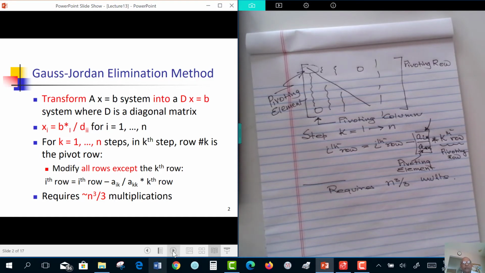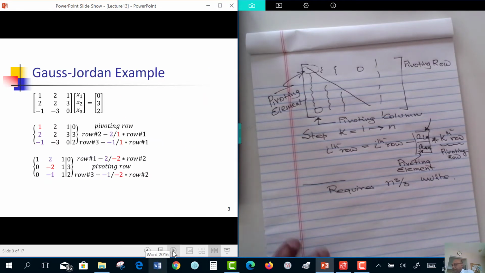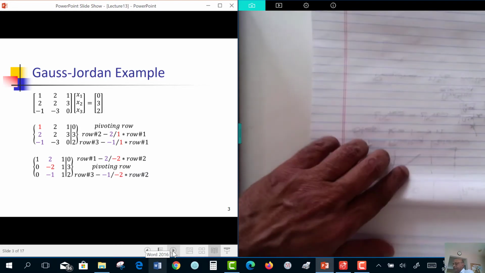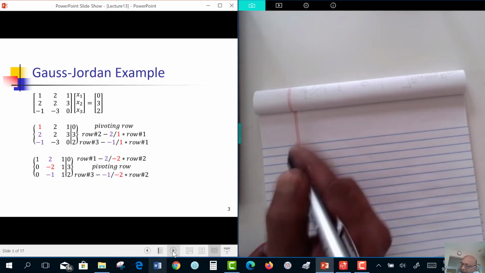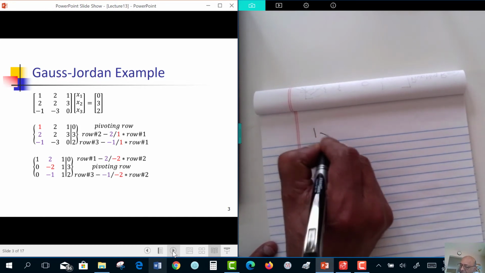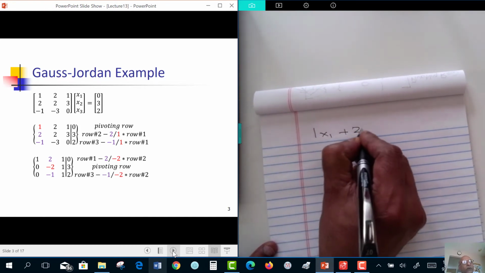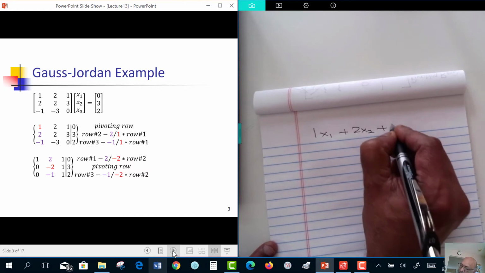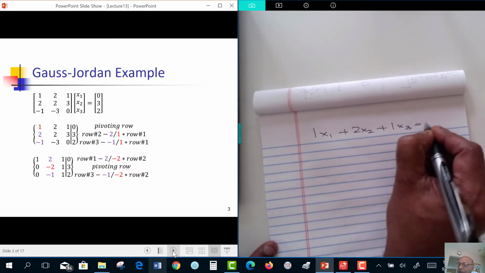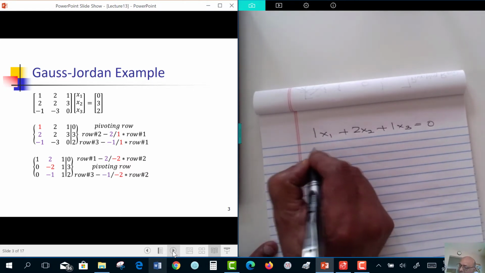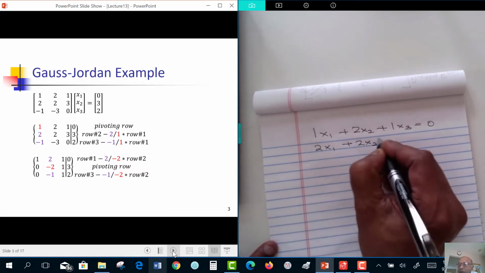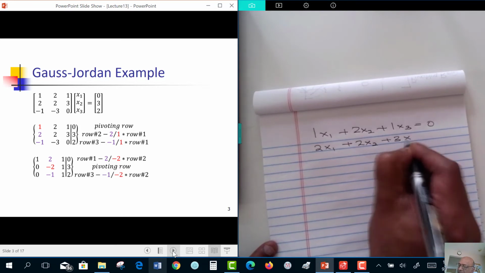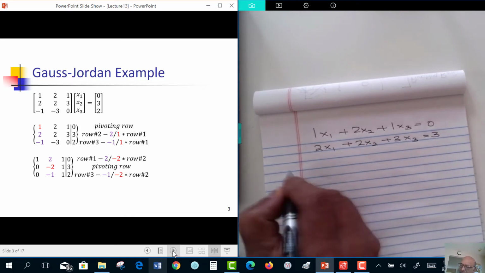So let's do an example. Let's consider we have a 3 by 3 system, which is 1x1 plus 2x2 plus 1x3 is equal to 0. 2x1 plus 2x2 plus 3x3 is equal to 3.